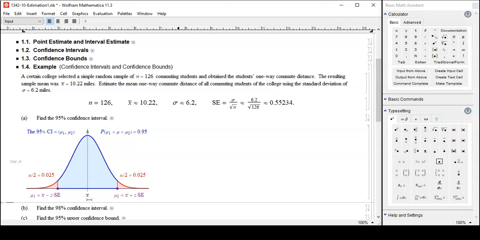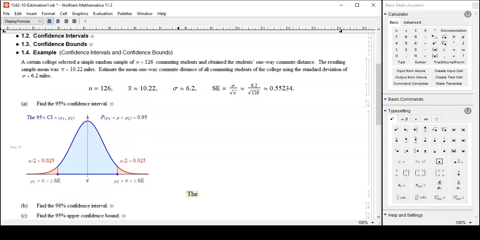The center here is x bar, that's 10.22, and then 95% here in blue, which means the other 5% must be shared by the left-hand side and also the right-hand side. And then we are looking for the interval, left-hand side endpoint here and the right-hand side endpoint there. So basically this is what we want.